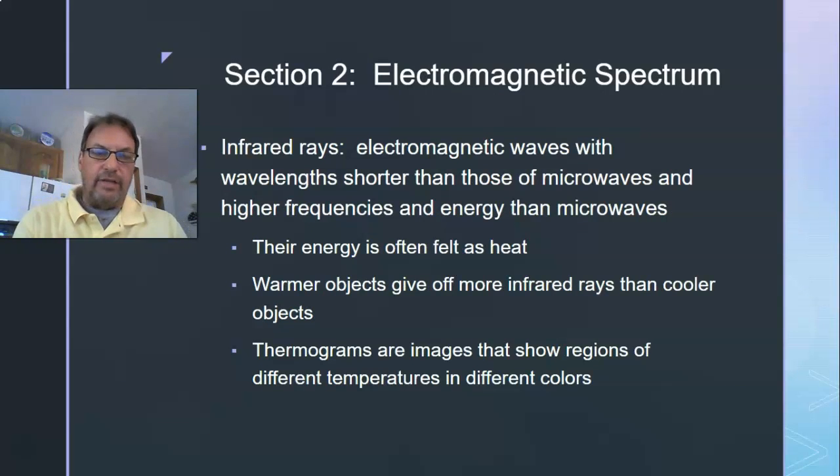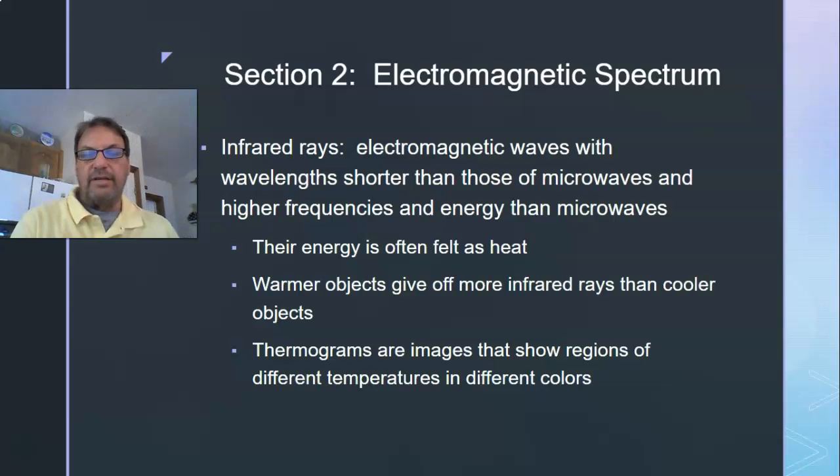The next level up, as we work our way up the spectrum, is infrared rays. These are electromagnetic waves which are a little bit shorter than microwaves and a little bit higher in frequency and energy than the microwave. Their energy is often felt as heat.